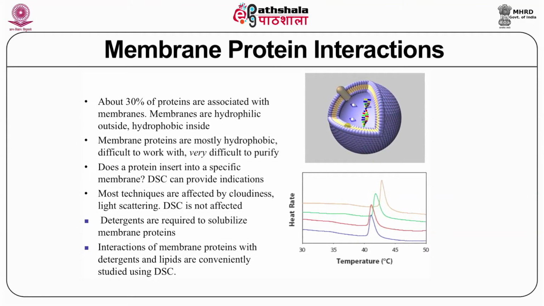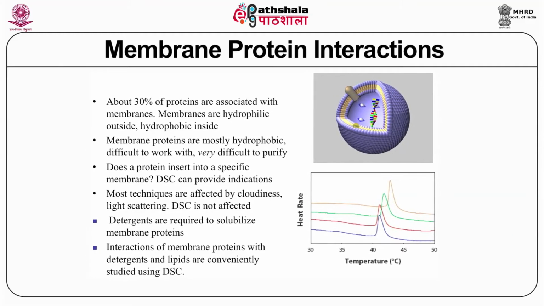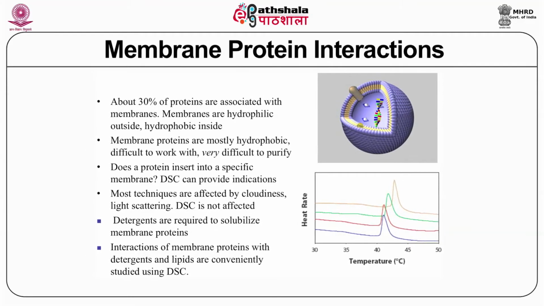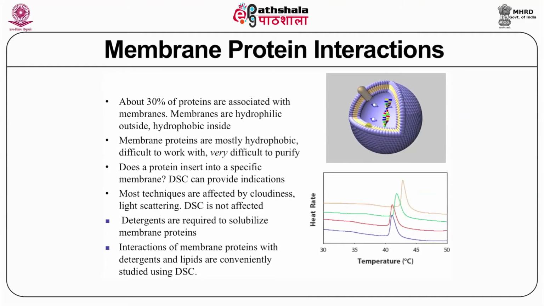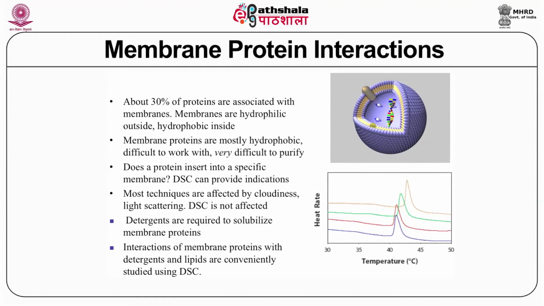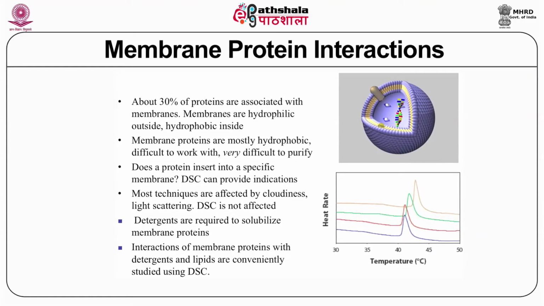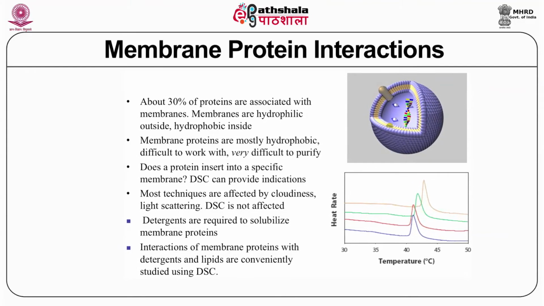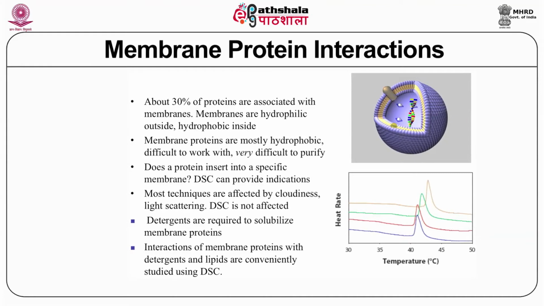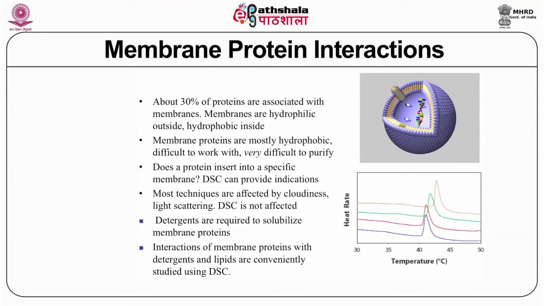About 30% of the proteins are associated with the cell membrane, and membranes are hydrophilic outside and hydrophobic inside. So, the proteins bind in a different fashion. Does a protein insert into a specific membrane or not? That is one important piece of information the DSC can give you. Most techniques are affected by cloudiness, light scattering, etc., but DSC is not affected.